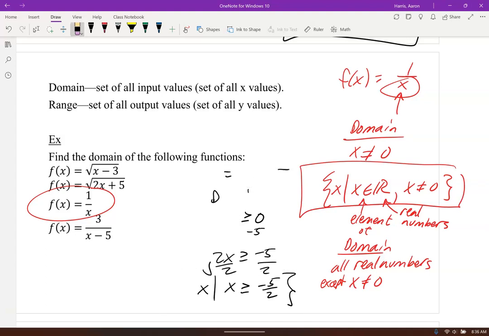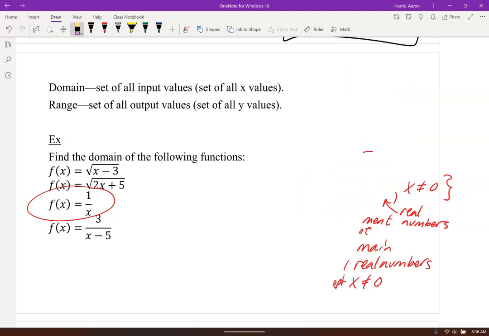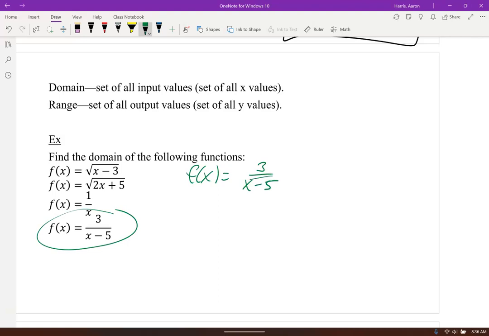Let's do this last one here. We've got f of x equals 3 over x minus 5. Well, another rational function. In other words, we've got a numerator and denominator. We know we can't divide by 0, so for our domain, we just say the bottom can't be 0.